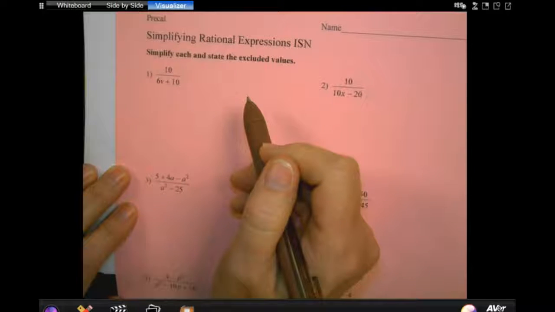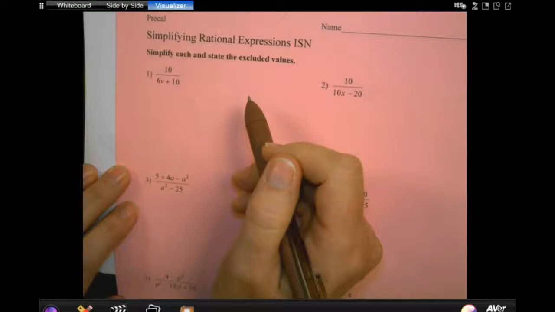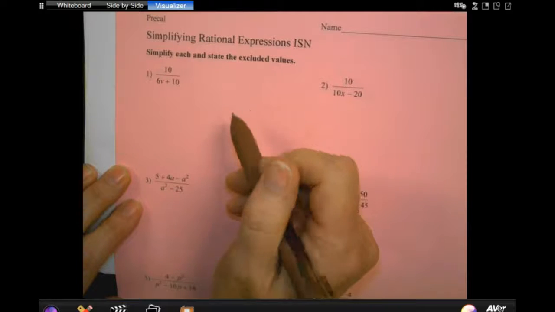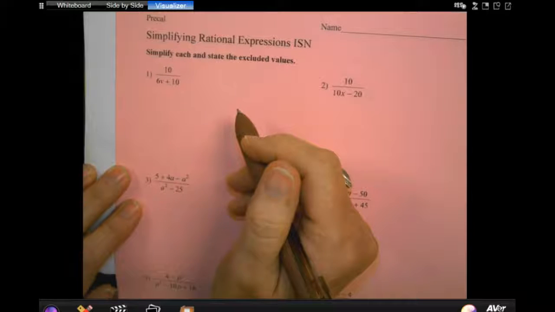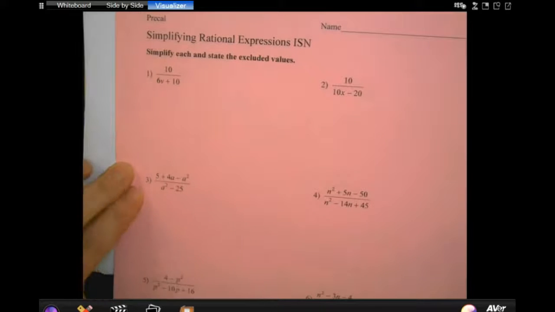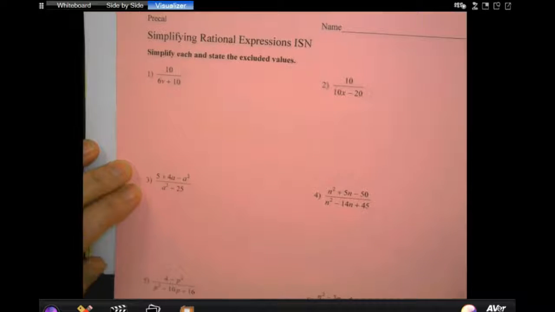Why could we not divide by 0? 2 is a safe number to divide by. 0, however, you cannot divide by, ever. 2 is okay.